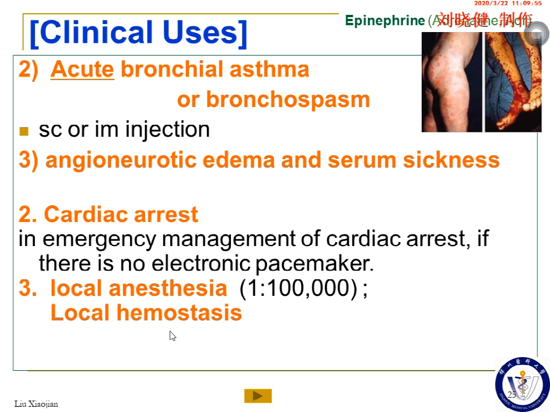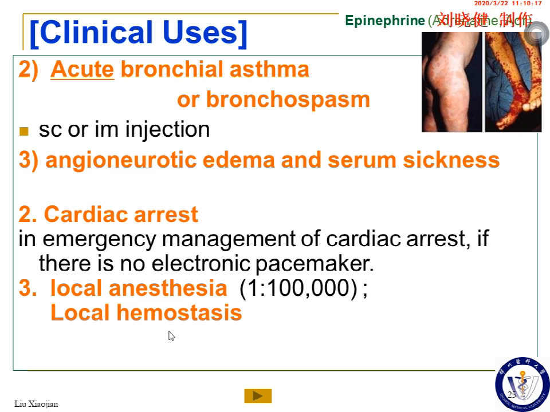Usually we put this drug's diluted solution on medical gauze, and then use this gauze to press the local region of hemorrhage. Yeah, this is local hemostasis.